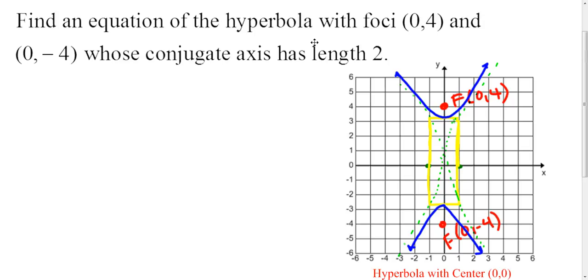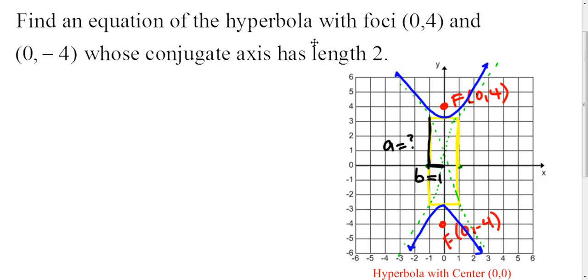I want to think of this box in here. Here's what I know. I know that this distance right here, which is B, because it is not along the axis that connects the foci. So my B is 1. This distance right here is A, which I don't know.